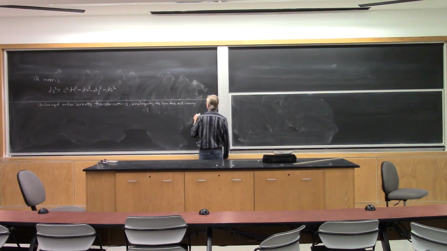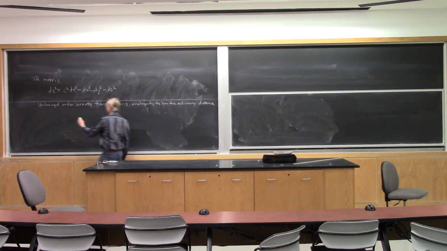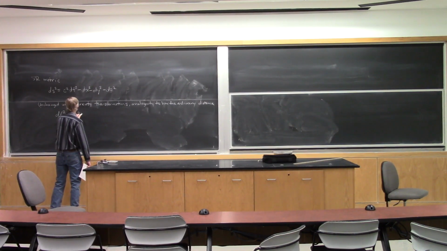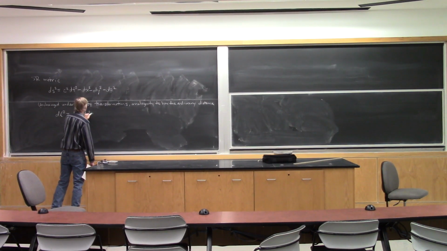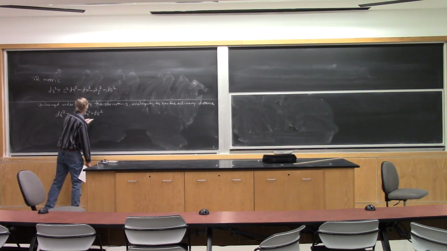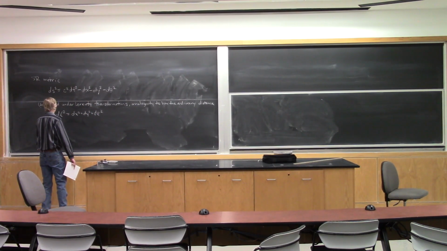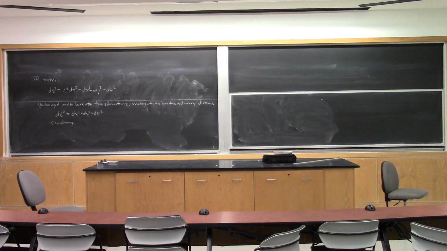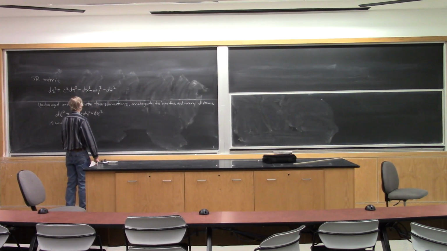Analogously to how the ordinary distance, which is just, call that dl squared, which would be dx squared plus dy squared plus dz squared, is unchanged by a coordinate rotation. Just rotating the axes doesn't change dl squared, doesn't change the distance between points.